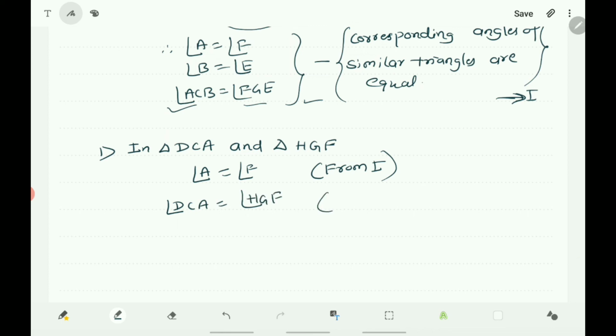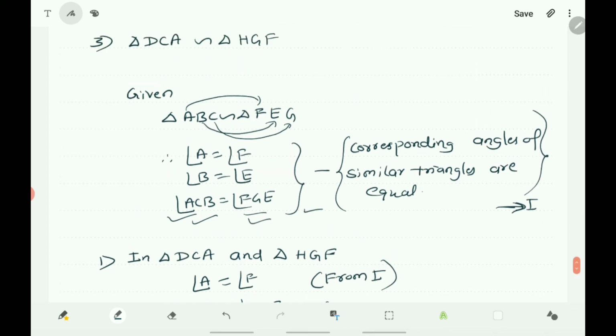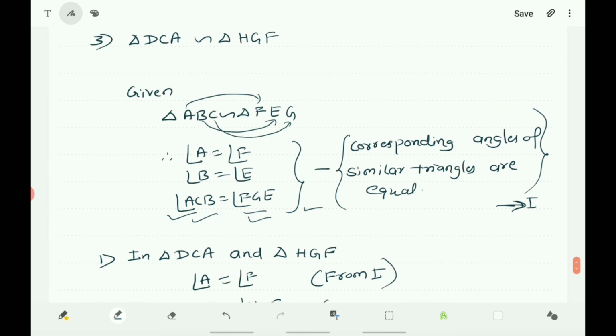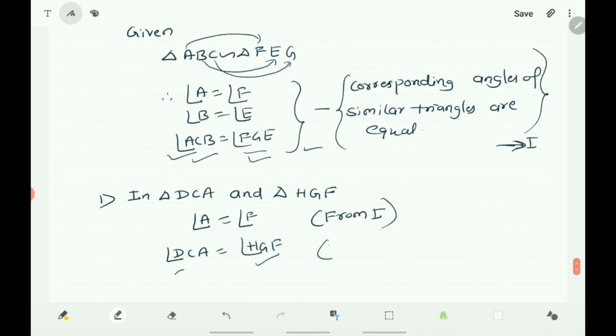Here DCA is the half of angle ACB, HGF is the half of angle FGE. So they become halves of equals. Here you know that the angle ACB is bisected by the line CD and angle EGF is bisected by the line GH. So all the four halves must be equal. So you can write halves of equals are equal.